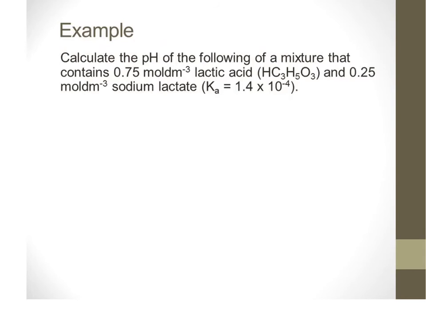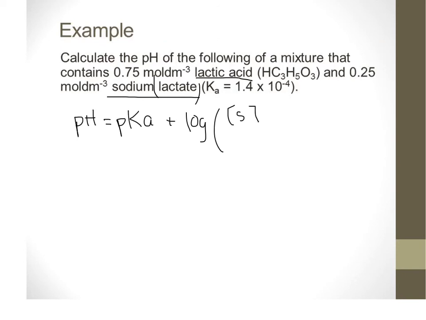In this example here then, we've got a weak acid and we've got the salt containing the anion of that weak acid. So using the Henderson-Hasselbalch equation, we're going to solve for the pH. So it's pKa plus the log of the salt divided by the acid. It's important to identify which one is the salt and which one is the acid so that we use this equation correctly.